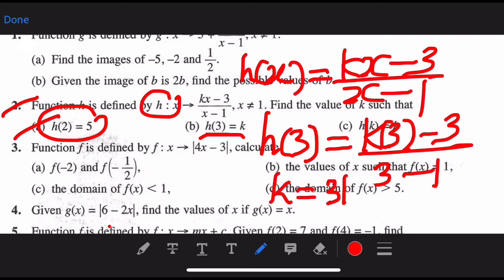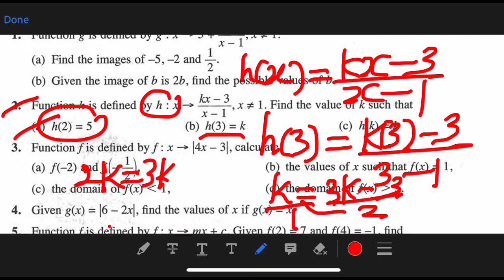So it's (3k minus 3) over 2. Cross multiply the 2 times the k, so 2k equal to 3k minus 3. So 2k minus 3k is negative k, equal to negative 3. So k equal to 3. Right? Okay, settled. Now for question C.